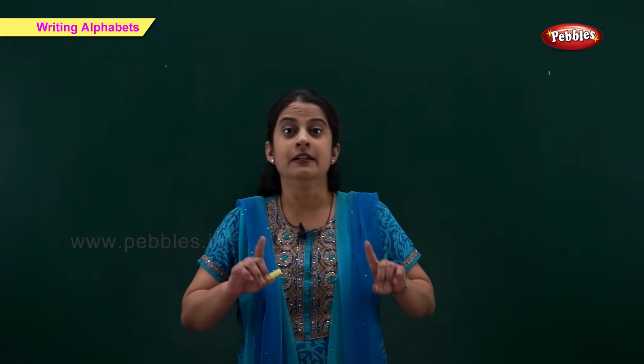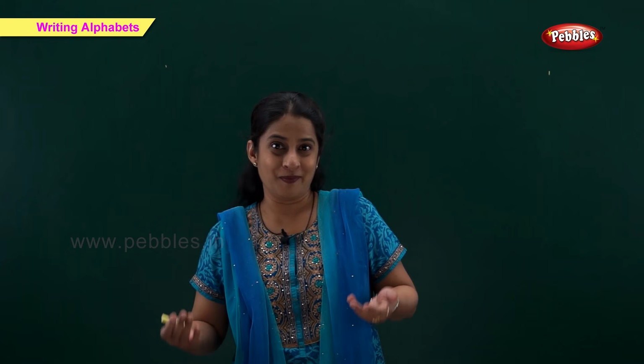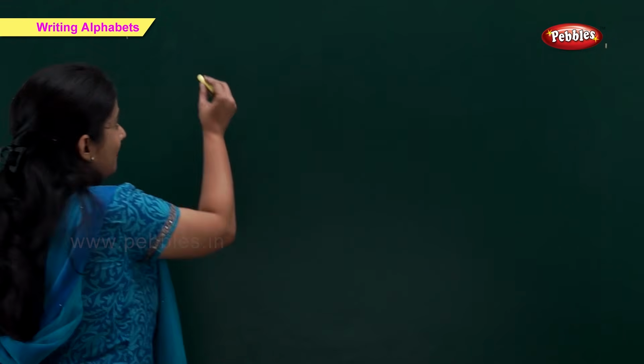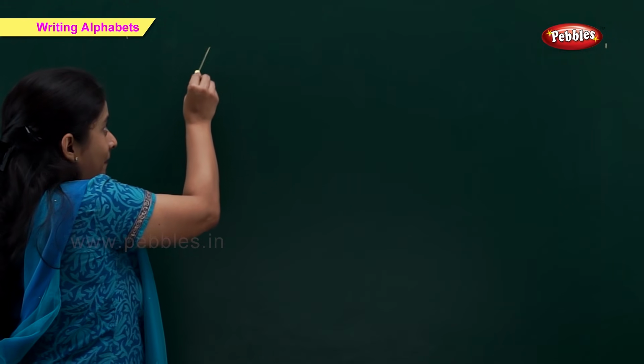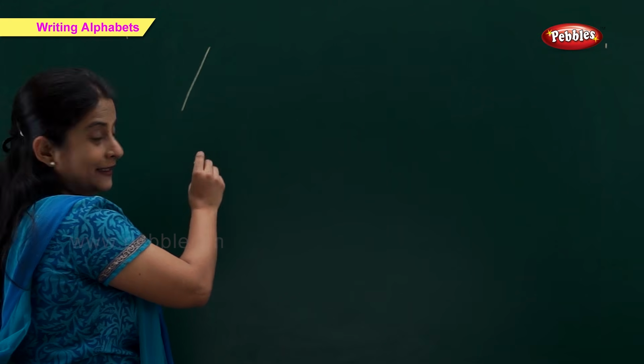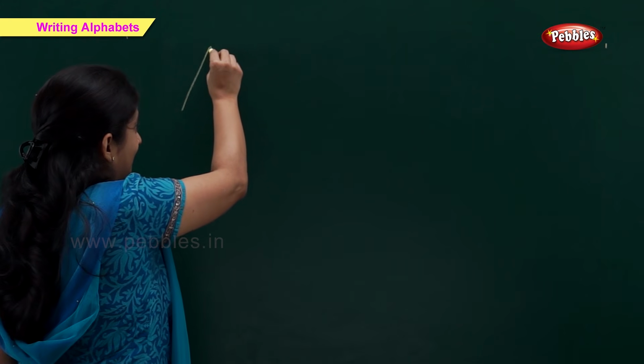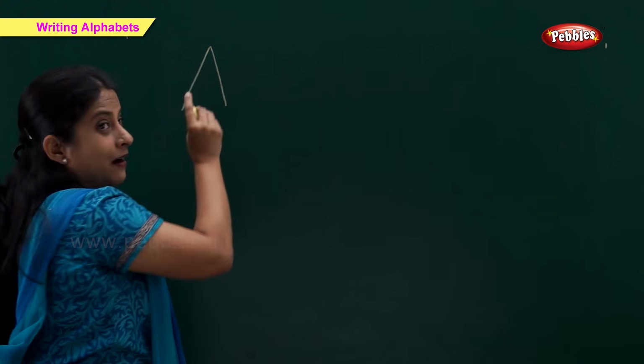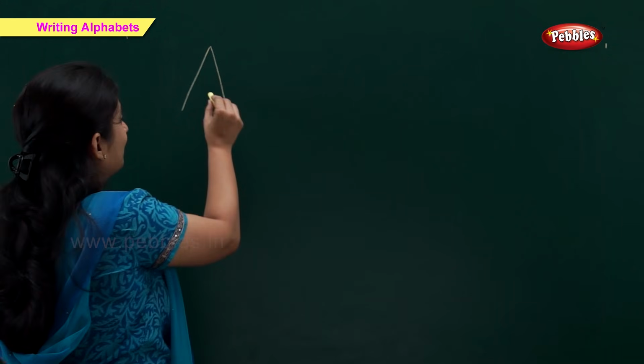Friends, now I'm going to teach you how to write the alphabets. Are you ready? A. One slanting line. Another slanting line.